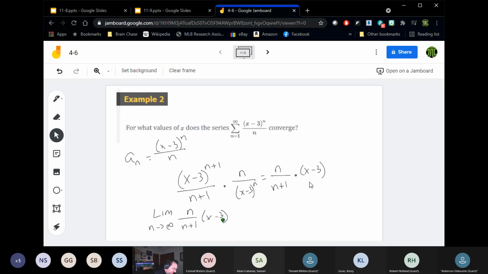So for that first part, we can divide everything by n. So I have 1 over 1 plus 1 over n times x minus 3. So this first part goes to 1. So this function, as n goes to infinity, goes to the absolute value of x minus 3.